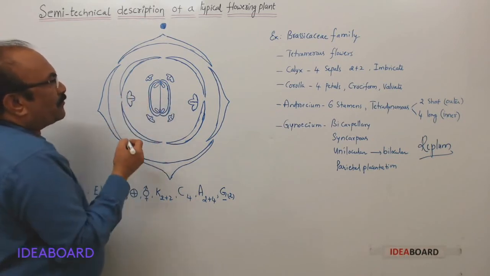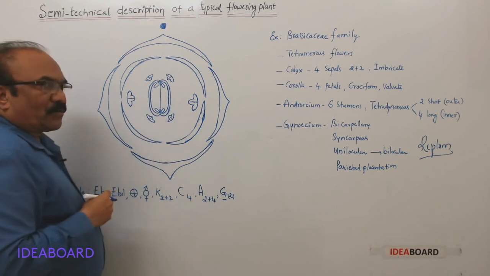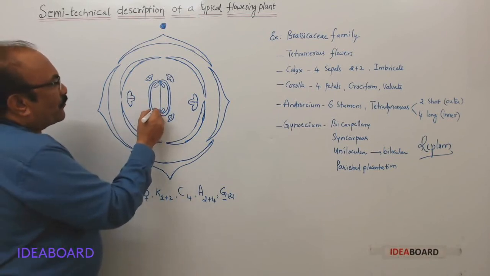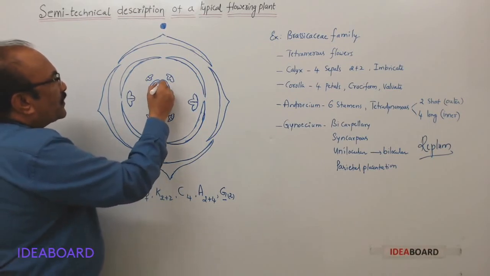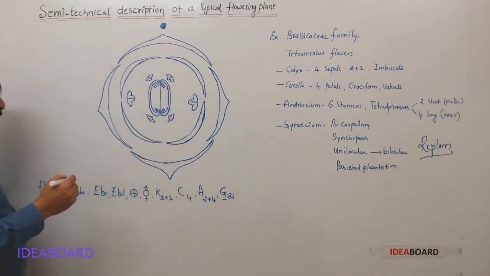So this is replum, and that's why it becomes bilocular. And of course, you can see that these are ovules attached to the inner wall. So the placentation is parietal placentation.